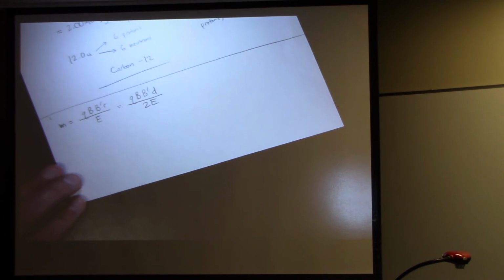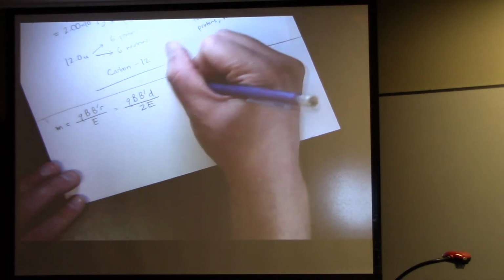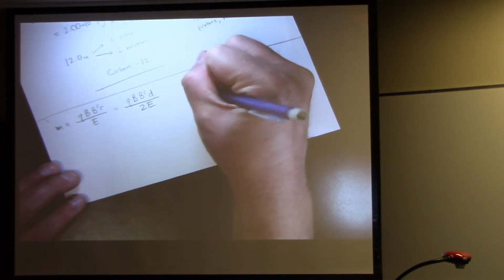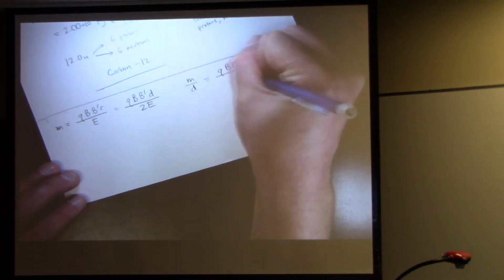And look, if we rearrange things a little bit, let's say we divide out the diameter, we have M divided by D is equal to Q times B prime over 2E.